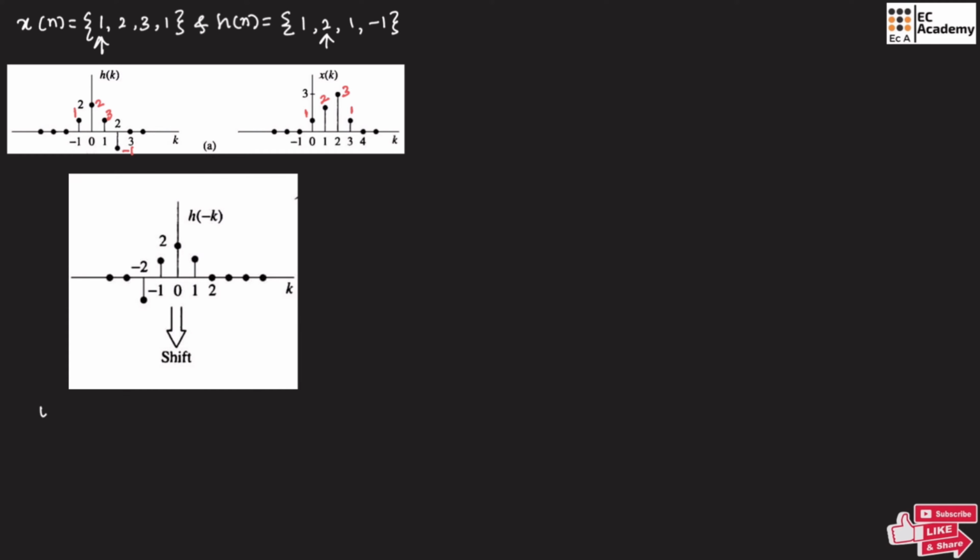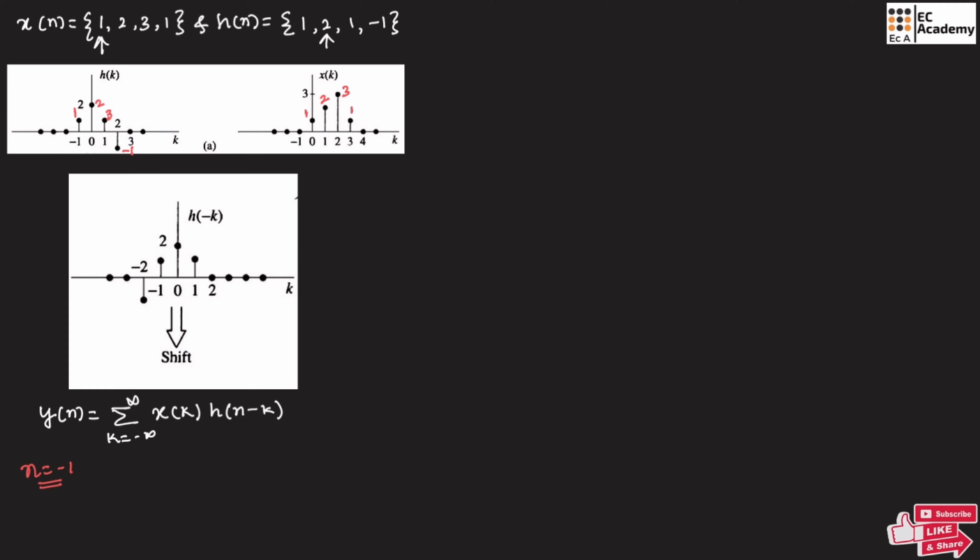Now let us write the standard formula for convolution, which is y of n is equal to summation of k equal to minus infinity to infinity x of k into h of n minus k. Now let us find the output sequence at n equal to -1.